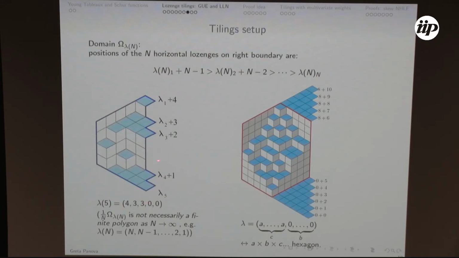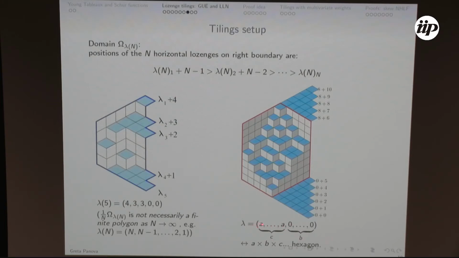And now the domain is going to be given by this lambda. And if you want to recover the usual hexagon, which is the first domain that people studied and the best studied one so far, the way to recover it with this type of parameterization is by saying that lambda is going to be a rectangle.